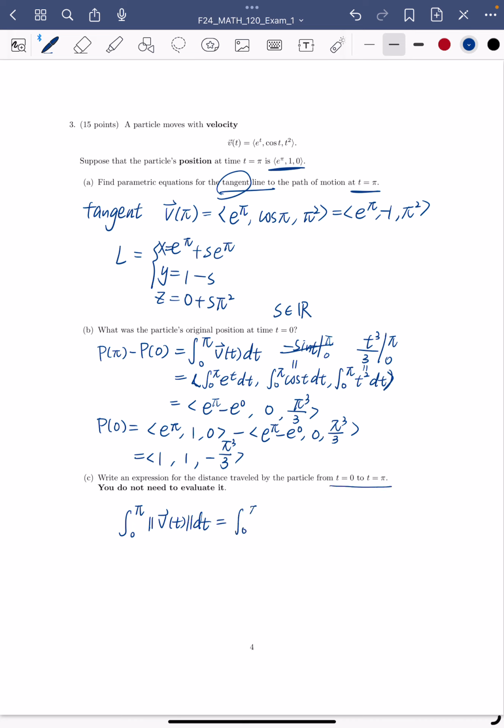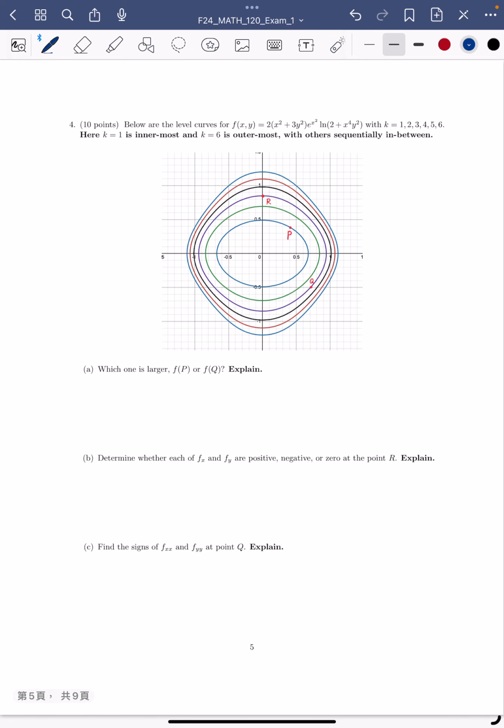So this is the square root of, you add up the squares, cosine squared t plus t to the 4th. Okay. Good. We can move on.